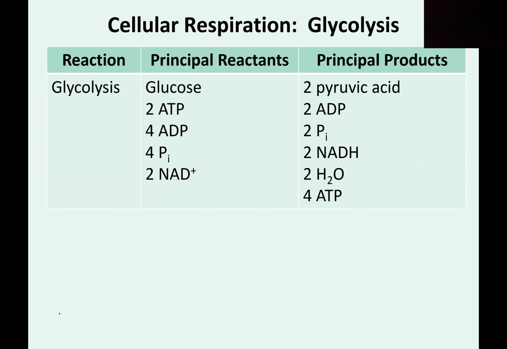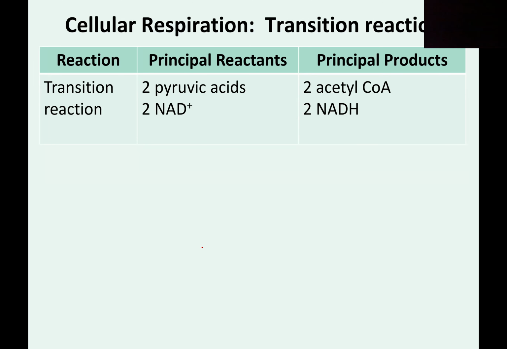So here in glycolysis, we see glucose. We see the production of 2 new ATP and the products. Transition reaction doesn't contribute to the general equation.